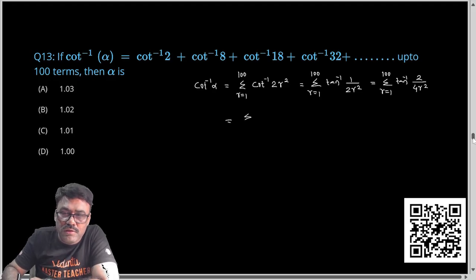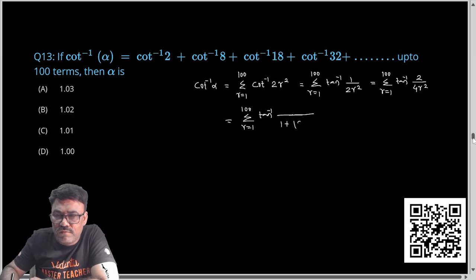Then I can write it as sigma r varying from 1 to 100 tan inverse. Denominator I can write 1 plus 4r square minus 1, and 4r square minus 1 can be factorized as 2r minus 1, 2r plus 1. And in the numerator, I can write 2r plus 1 minus 2r minus 1.